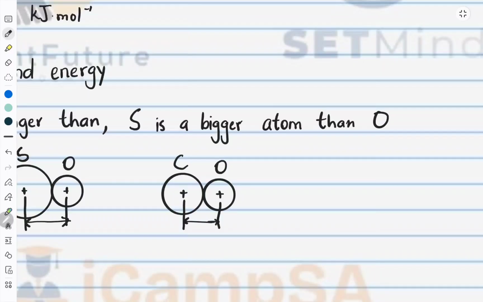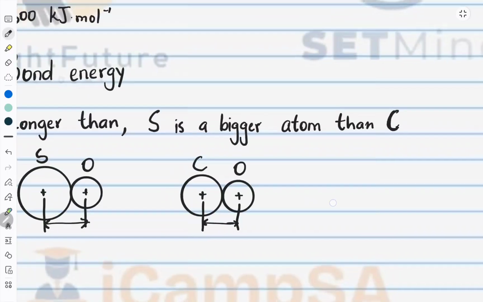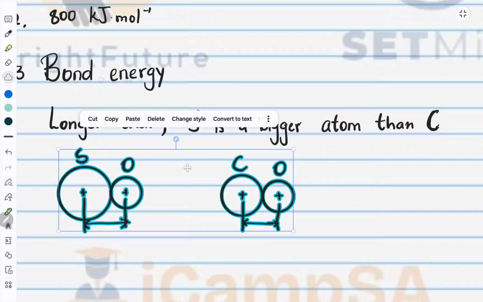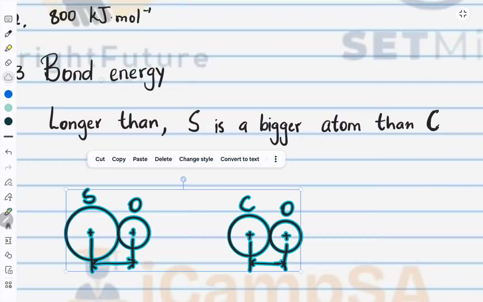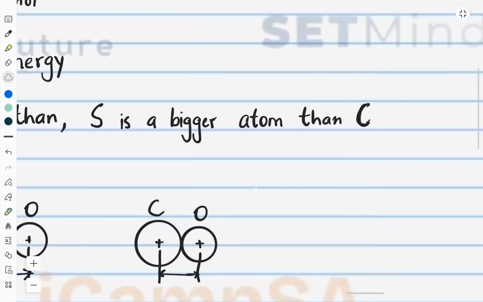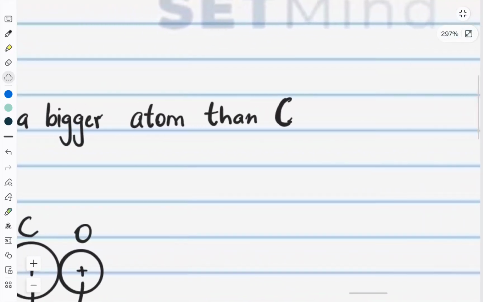Oh no, not oxygen, sorry, we are comparing it to carbon because oxygen is just one atom that they are both bonding to. So since sulfur is a bigger atom than carbon, the bond length will be longer for the S. Let's just write the whole thing. Longer than. S is a bigger atom than C.